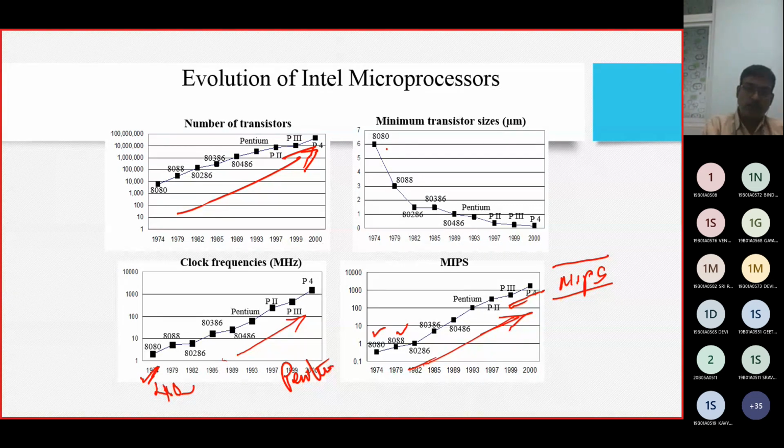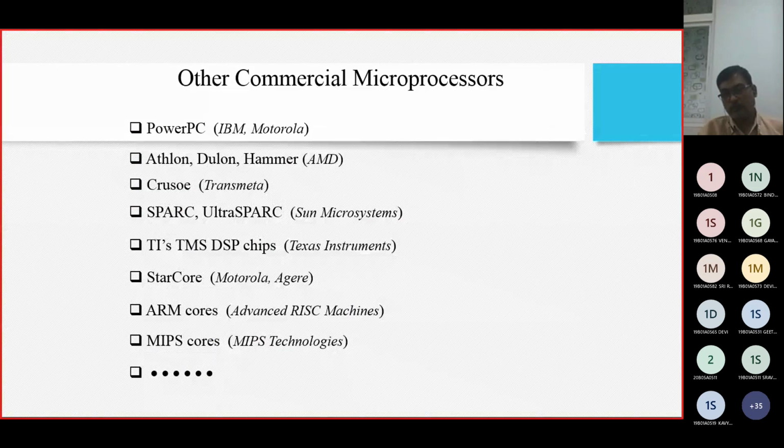You can see here the size was very high for the 8008, and when it came to the Pentium model, the size was so compact. These are the 4 criteria we need to mention for Intel microprocessors: the number of transistors increased, clock speed increased, million instructions per second increased, and size became compact. These will be the nature of working with the microprocessors.